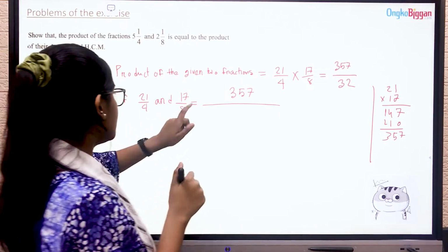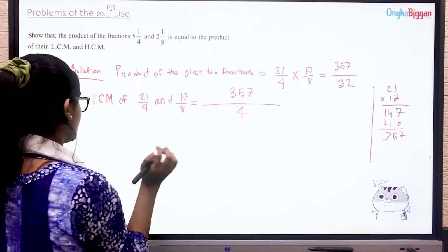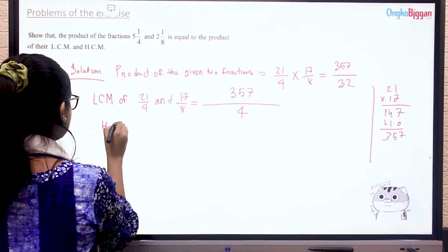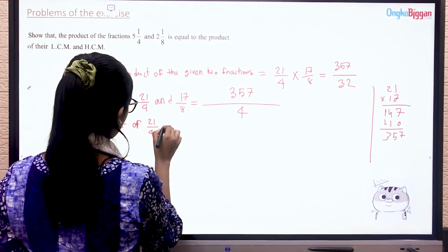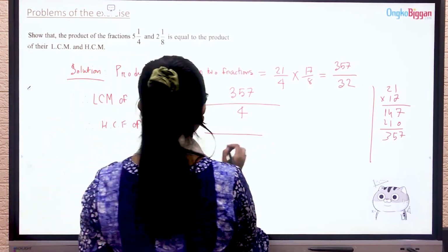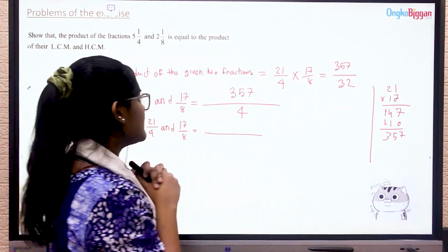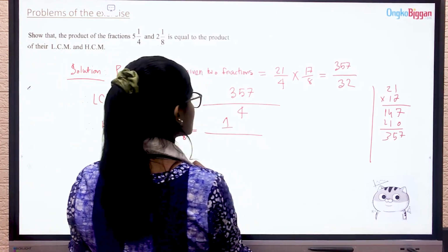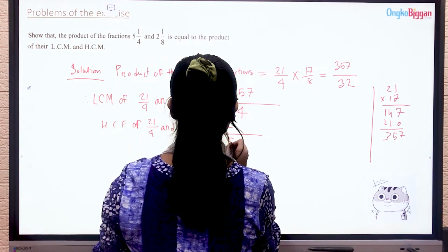So HCF of 8 and 4 will be 4 because their highest common factor is 4. Okay. Then HCF of 21 by 4 and 17 by 8 equal to, so HCF of 21 and 17 has no common factor between them, so it will be 1. And LCM of 4 and 8 will be 8.